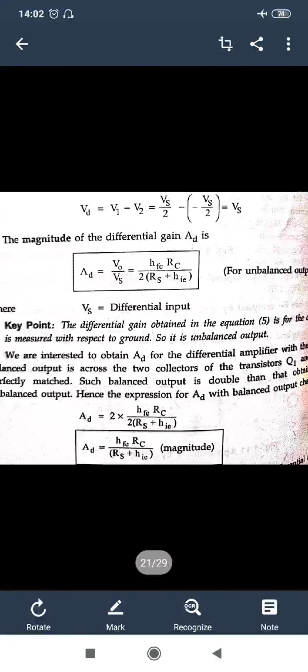The differential gain is HFE RC upon twice Rs plus HIE, where Vs is the differential input, because it is single ended as we calculated the half transistor model. For the case of dual input balanced output we multiply by 2, so AD is equal to HFE RC upon Rs plus HIE.